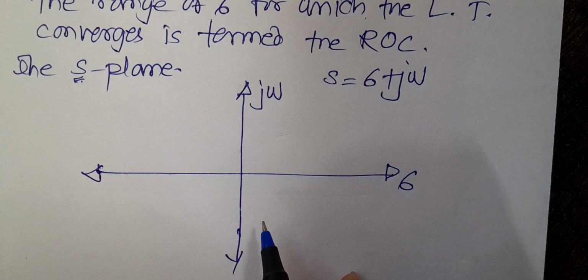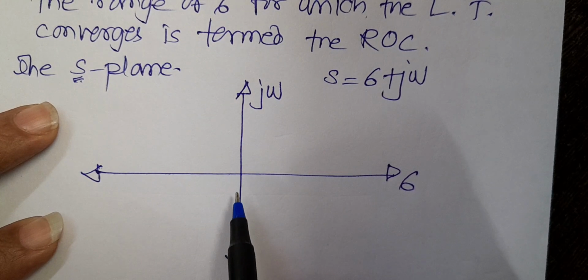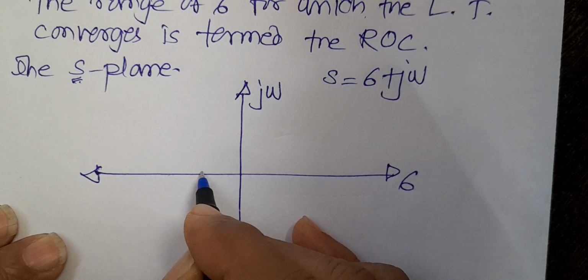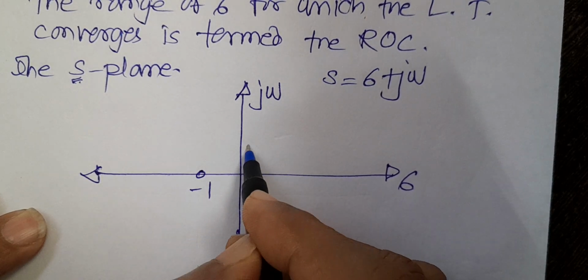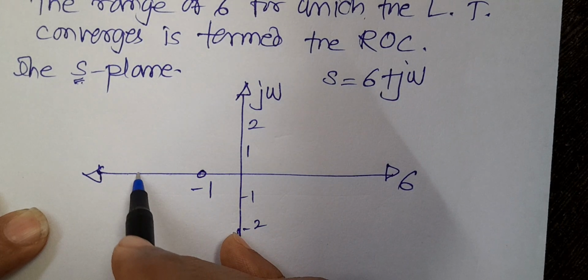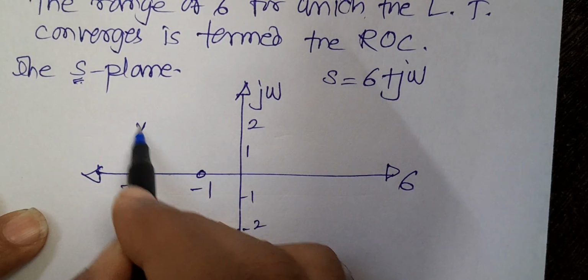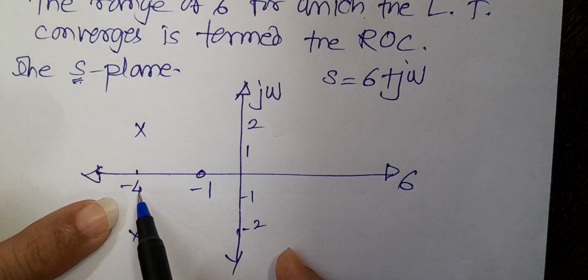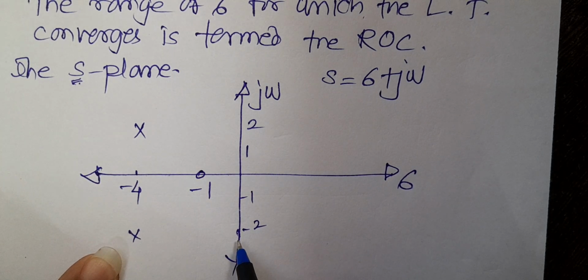So we can have the poles and zeros on this S plane. Suppose the zeros are at s equal to minus 1, another zero is at minus 4 plus j2, and this is minus 4 minus j2.